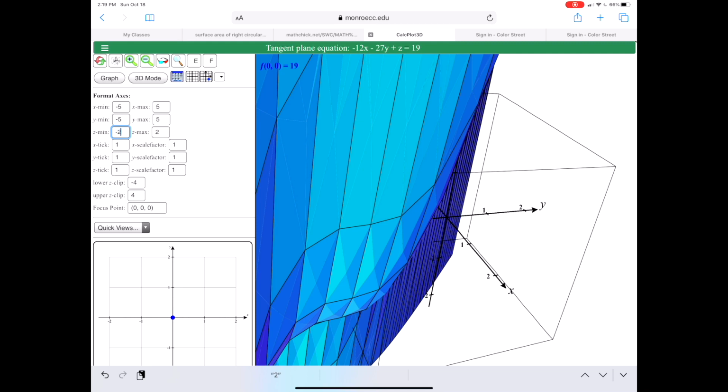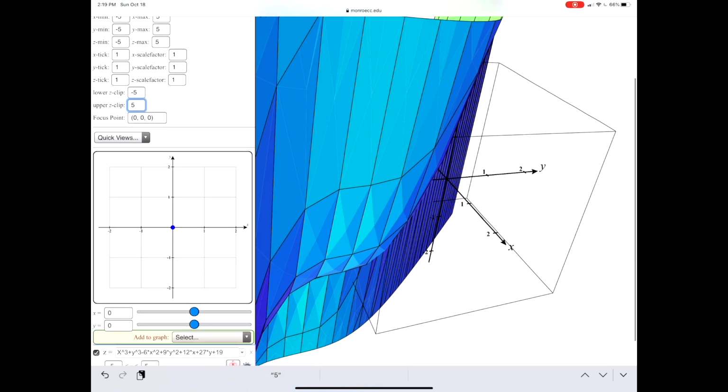So, we don't want 0, 0 anyway. I'm not sure what we're going to be taking z to. I'll just do negative 5 to 5 for the moment. And then our focus point, we're going to want to do x was 2 and y was negative 3.